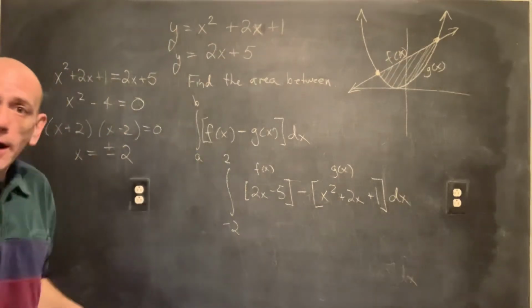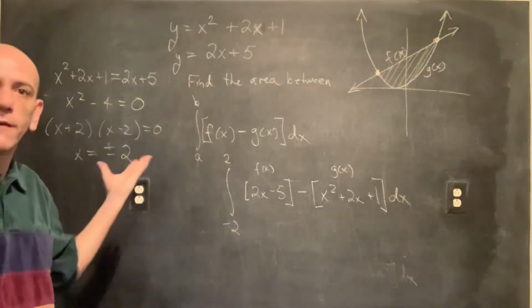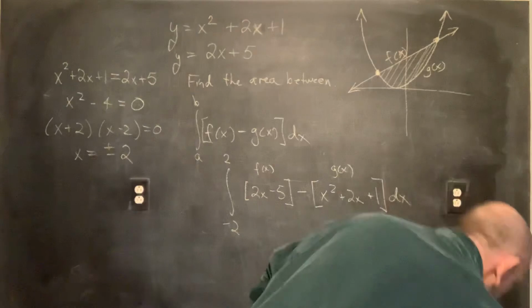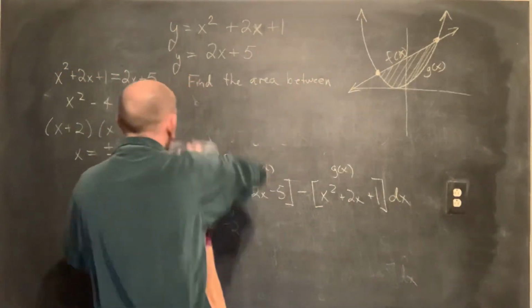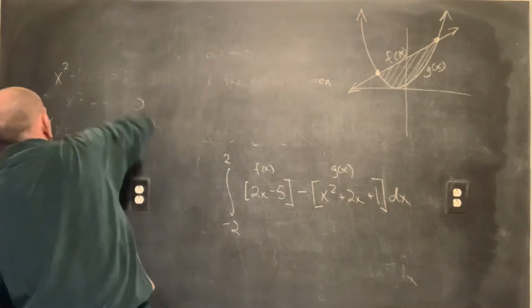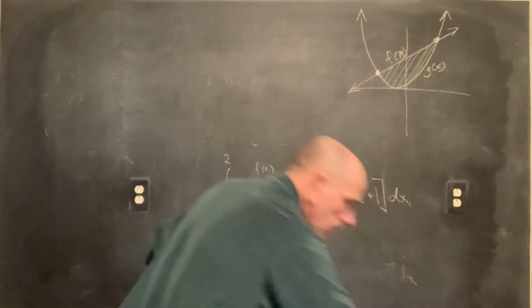Okay, so there's our actual setup. Again, most of the work was doing the algebra, finding the intersections and factoring. But now we've got that set up. I'm going to move it up here.